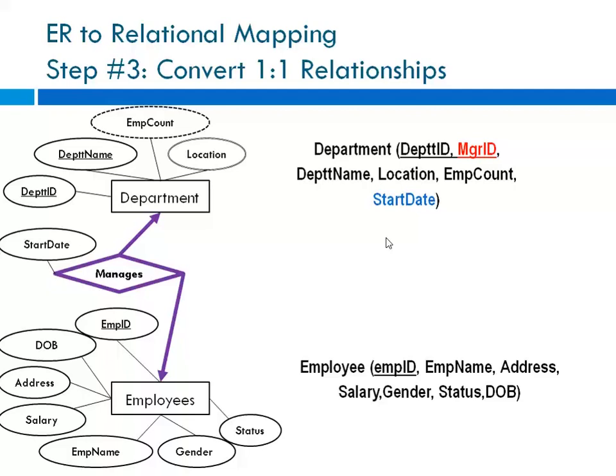Now see, the department entity is converted into a department table with department ID, department name, location and emp count, and the employee table is converted into employee ID, employee name, address, salary, gender, status and date of birth. Now between these two we have the manages relationship.